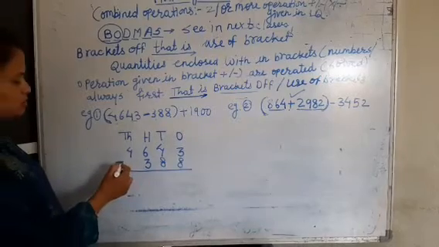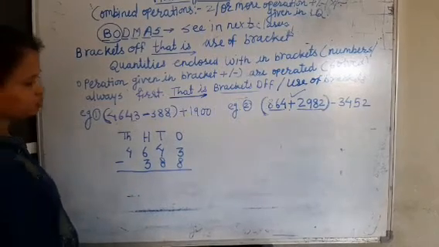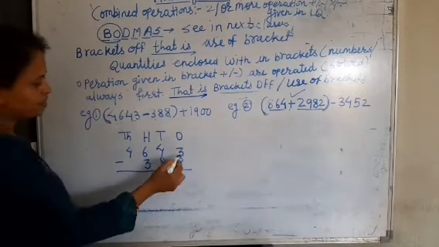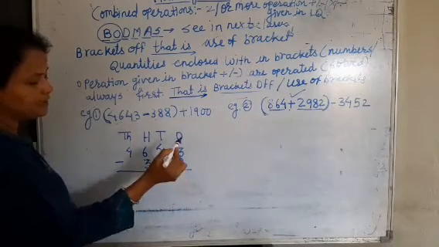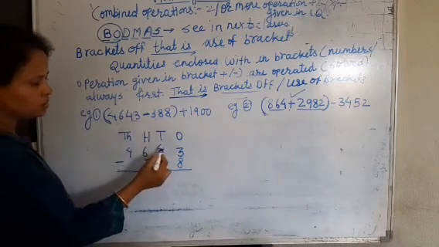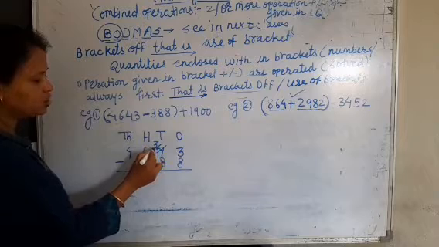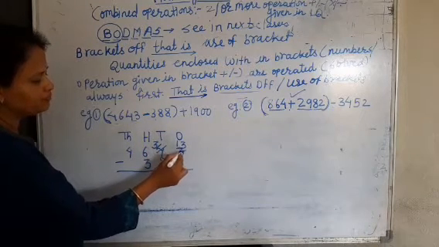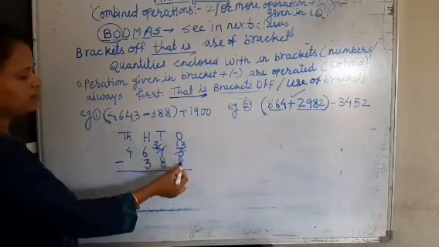Now let us solve. We have to subtract. As per our rule, always start from the ones place. 3 minus 8 we can't, so let us borrow from the tens column. It will be 3 in the tens column and 1 is given to the ones column, so 13 minus 8.